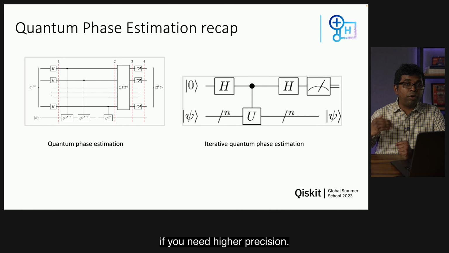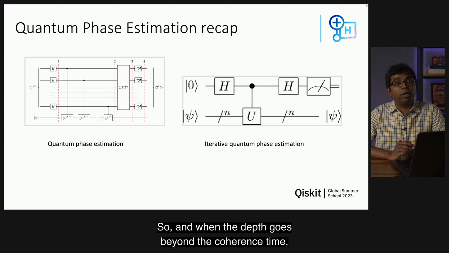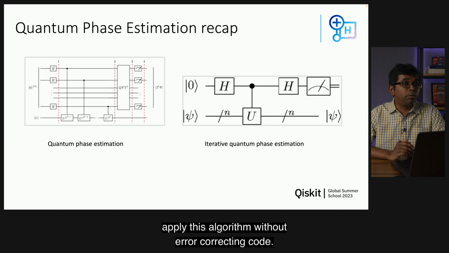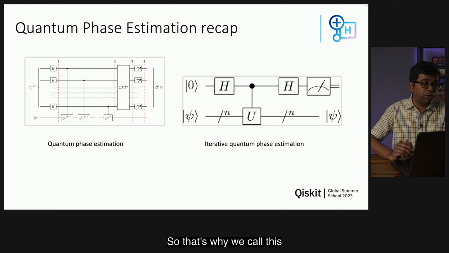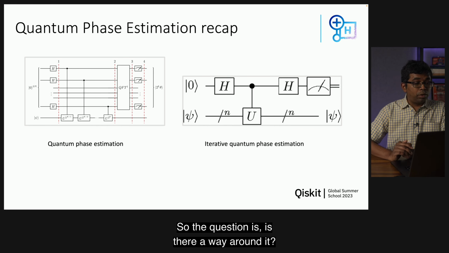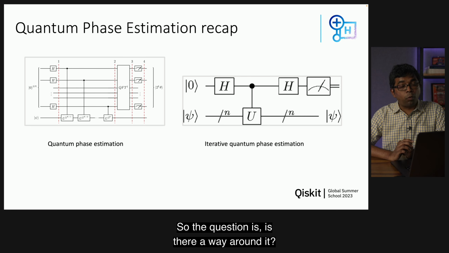When the depth goes beyond the coherence time, that's where you know that you cannot really apply this algorithm without error correcting code. That's why we call this a fault tolerant quantum algorithm. So the question is, is there a way around it?